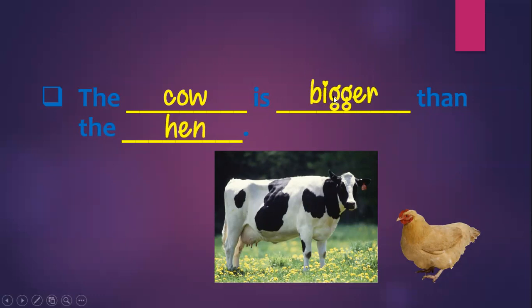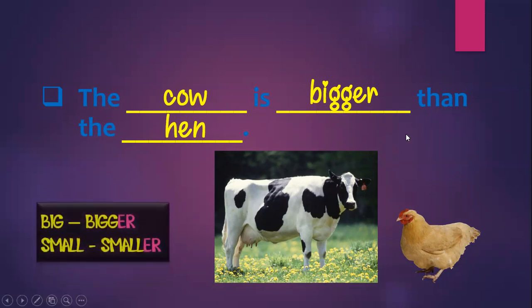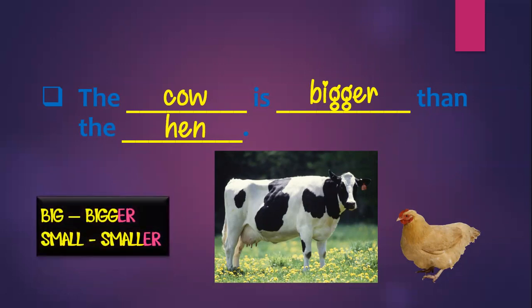So look here, it says bigger. In these sentences, we are comparing these two animals. The first one, the cow, and the second one is the hen.